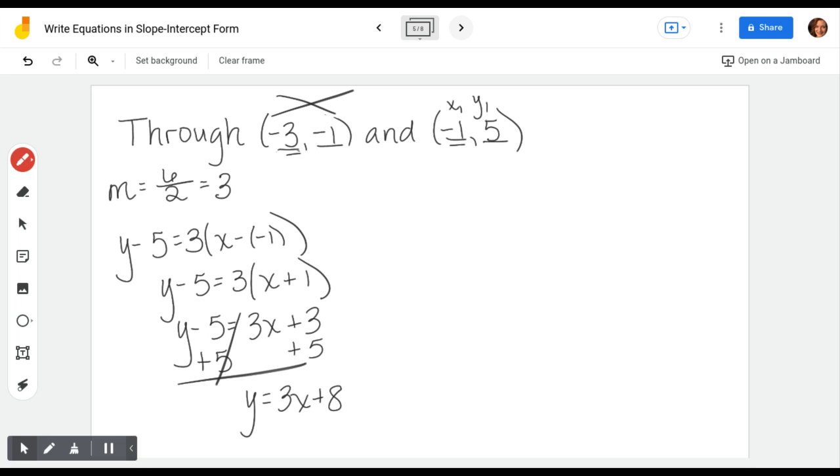So 0 equals -5 plus b. Add 5 to both sides. And again, we find out that b is 5. So my equation is y equals -1x, or negative x is the same thing, plus 5. Same thing.